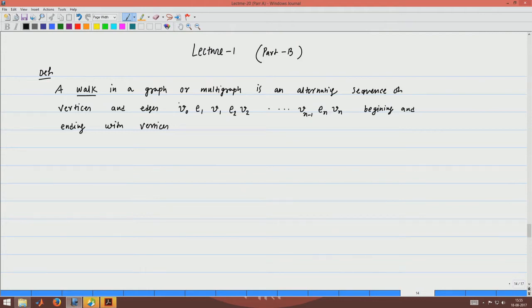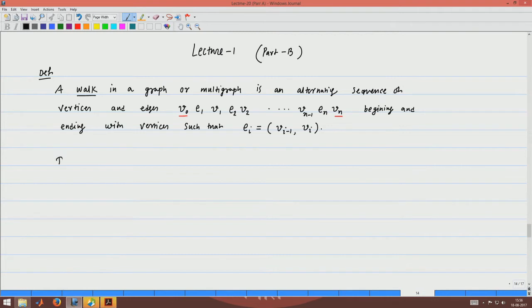So, the sequence begins with a vertex and ends with a vertex, and such that this E i is basically an edge joining V i minus 1 and V i. Okay.